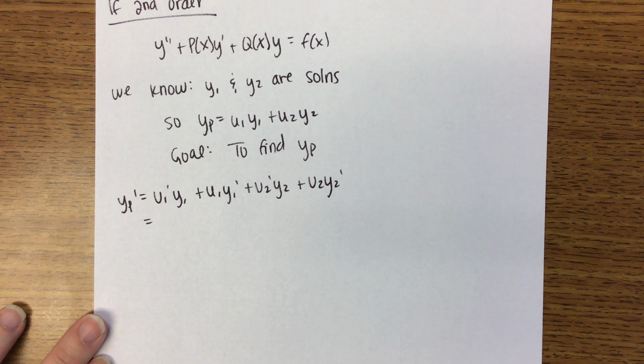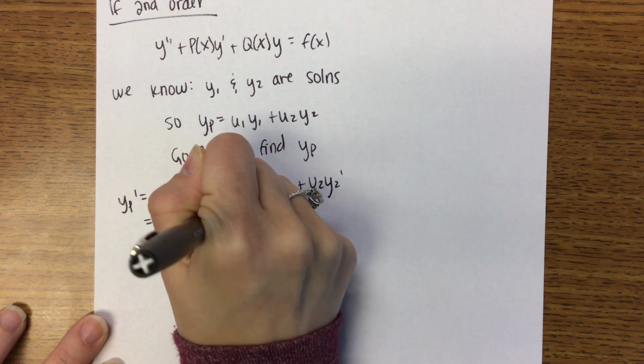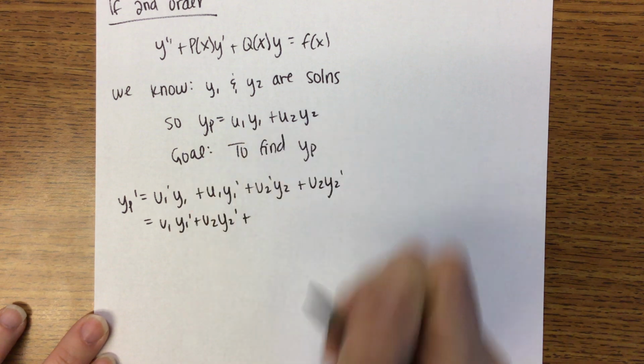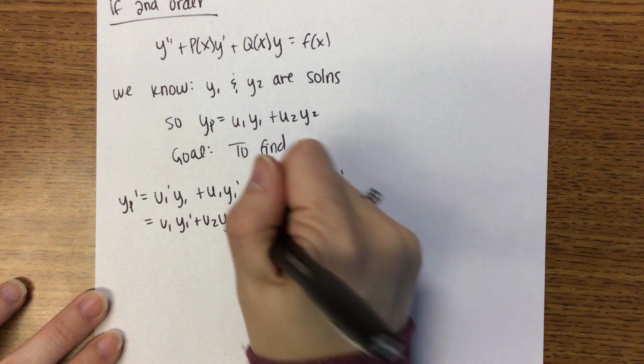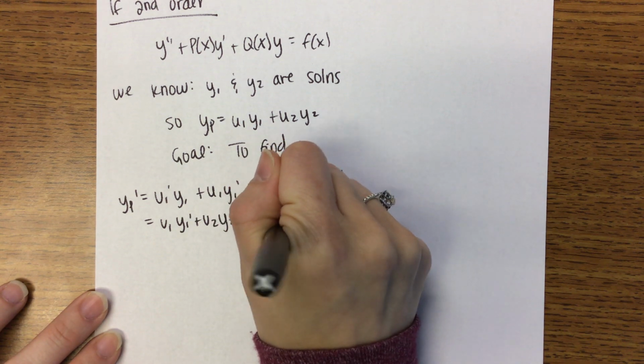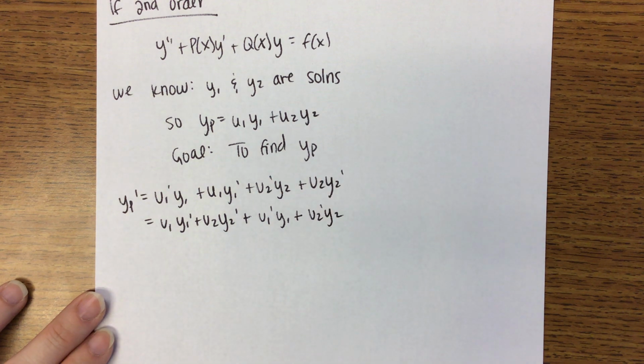I want the u's that don't have a derivative first. So I have that u1 y1 prime plus u2 y2 prime. And then I have my u1 prime y1 plus u2 prime y2.